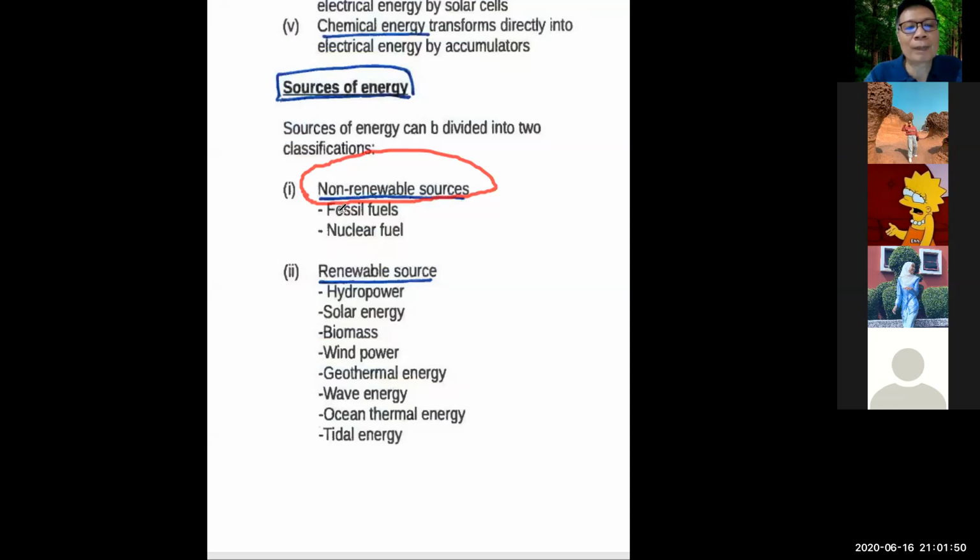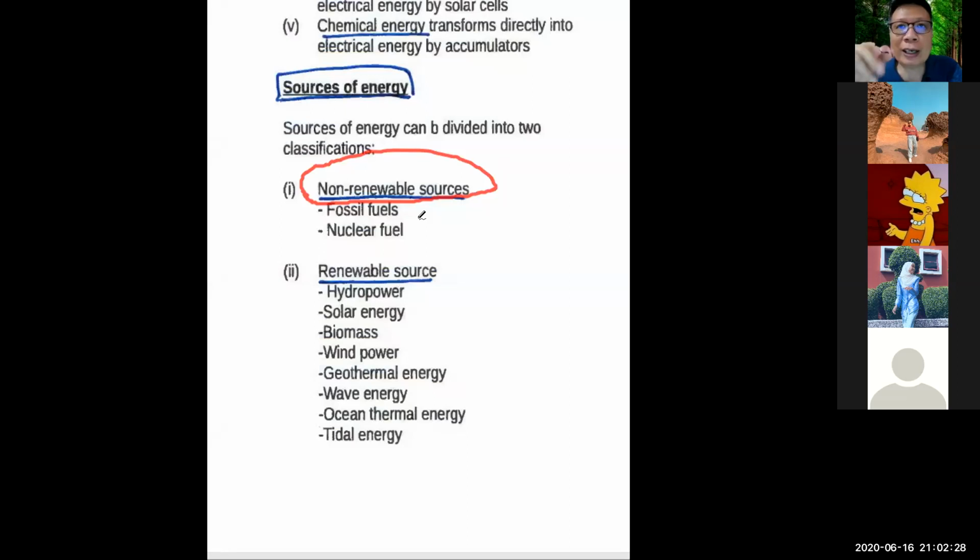Example, fossil fuel. Fossil fuel means, for example, petrol, natural gas, diesel. All these are fossil fuels, come from the ground, and can finish. You must know, the current stock of petroleum in our world now can only last for another 50 years. Now you are 17 or 18 years old. Another 50 years, you are 67.